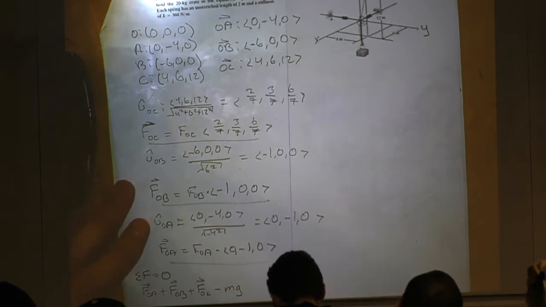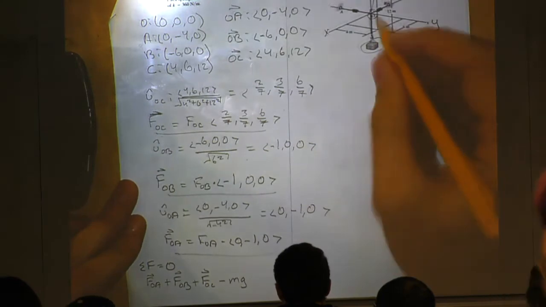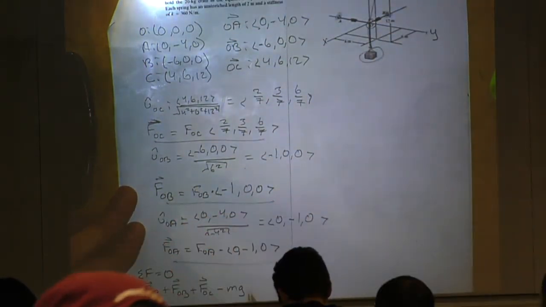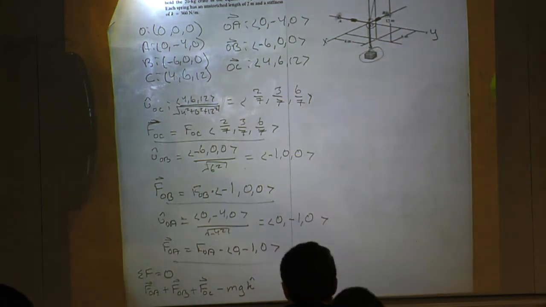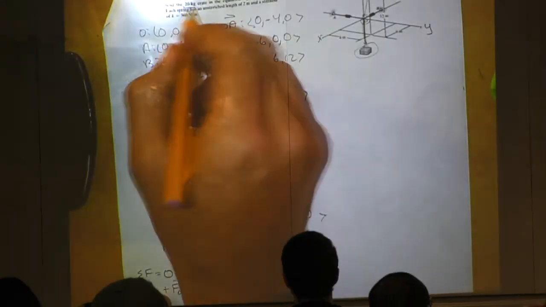The weight acts along the negative z-axis, since weight is coming down, and that's mg. M is equal to this 20 kilograms here.